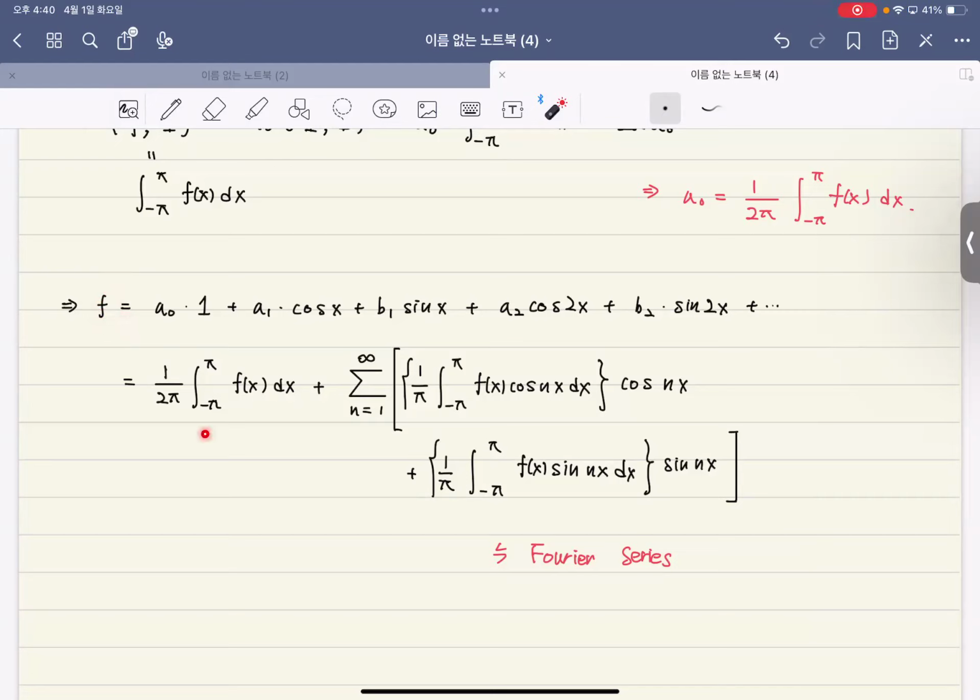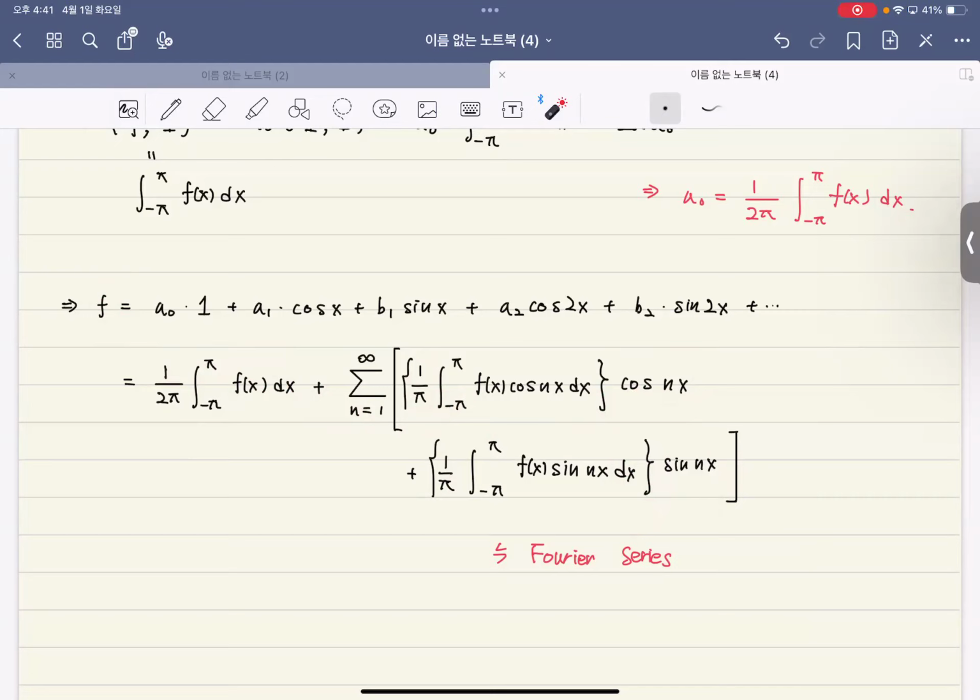written as a sum of a constant function plus a bunch of trig functions. These are just some numbers. So this f can be written as some constant plus linear combinations of the sine and cosine functions.